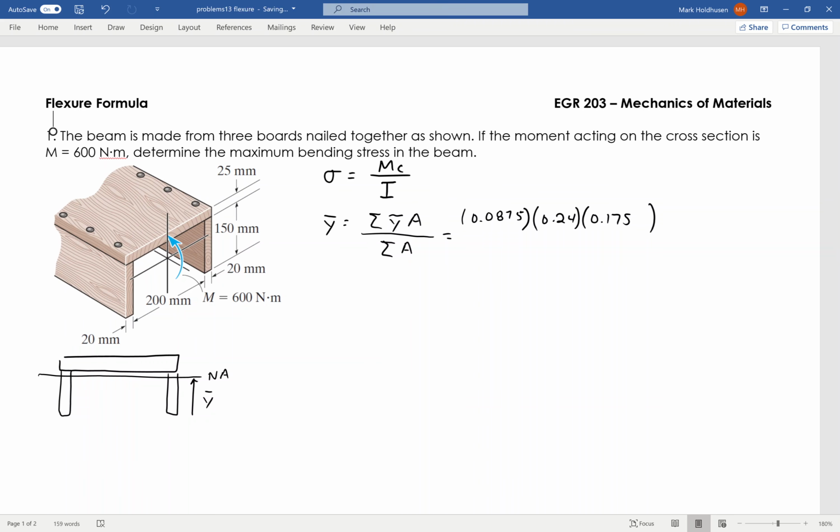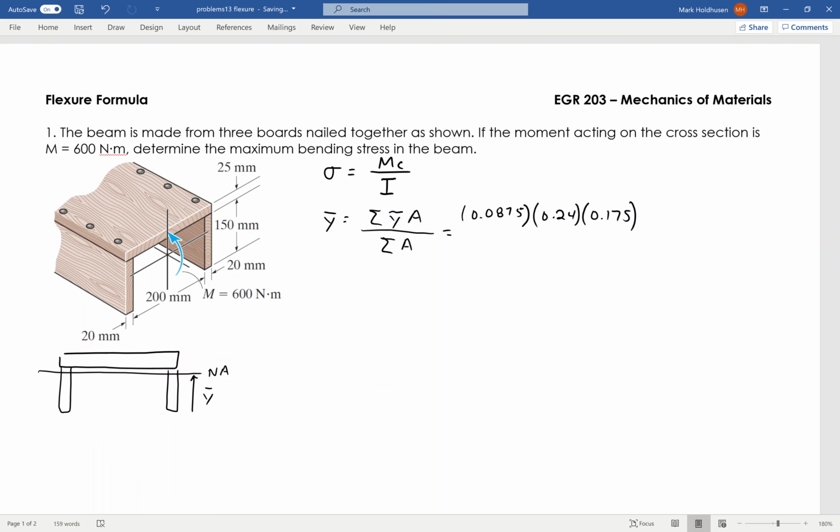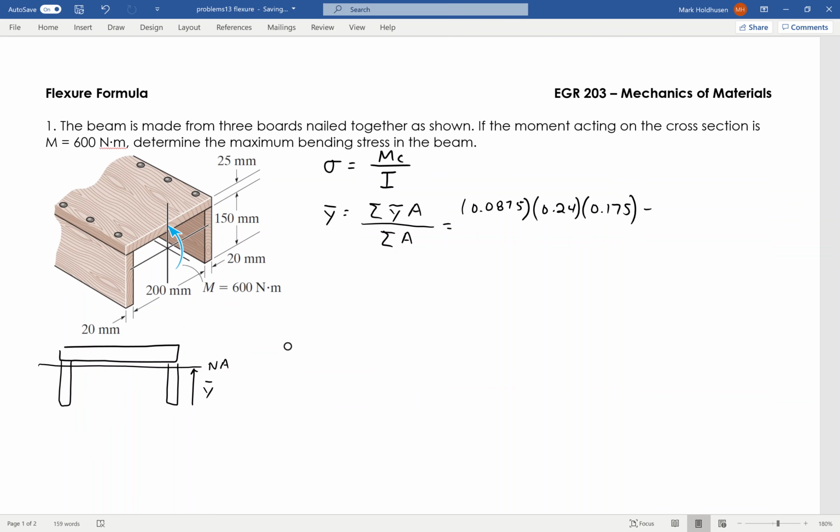And then the smaller rectangle on the inside will be minus. The centroid of it is at 75, so 0.075, and then that's going to be 200 by 150, so 0.2 times 0.15.